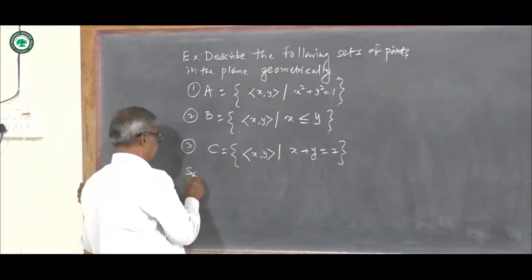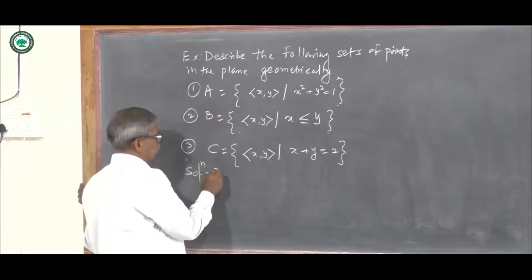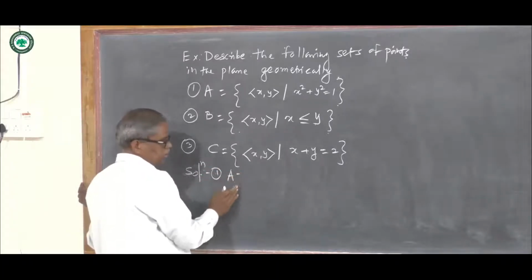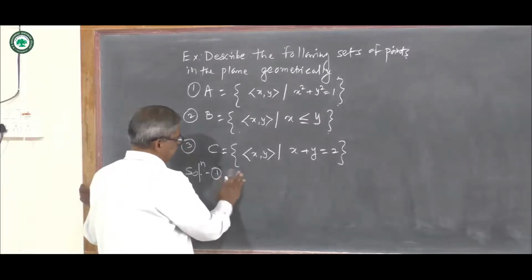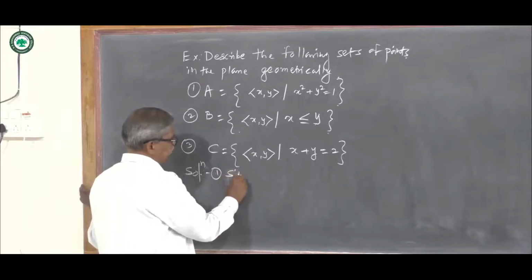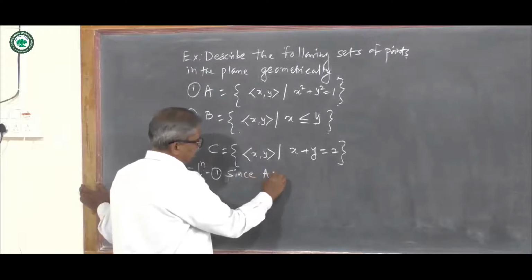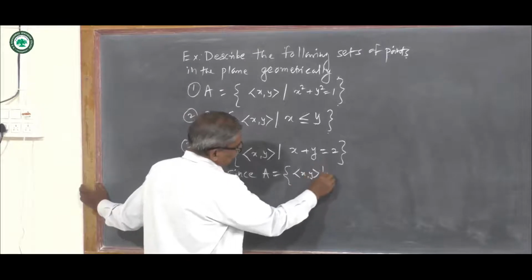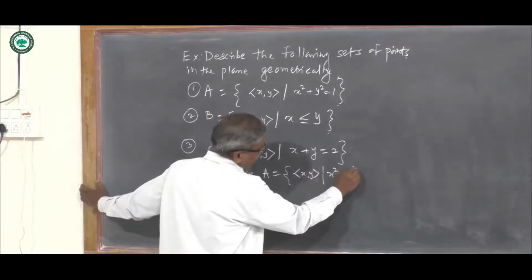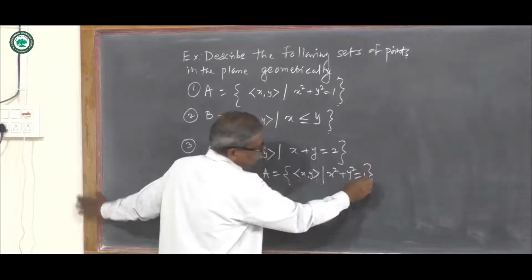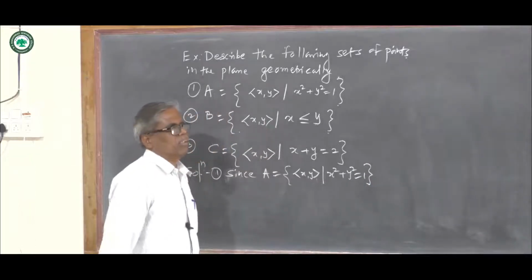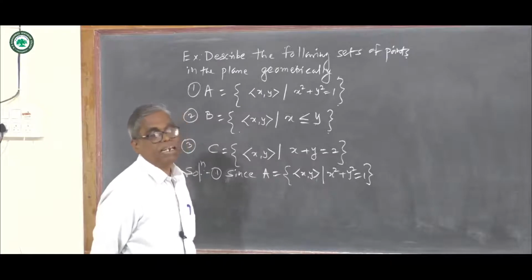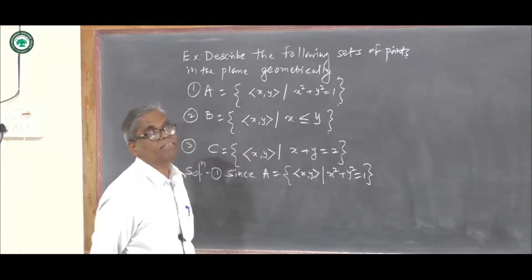Solution. Number 1, capital A is the set of all ordered pairs (x, y) such that x square plus y square is equal to 1. x square plus y square is equal to 1 is the circle with center at origin and radius equal to 1.